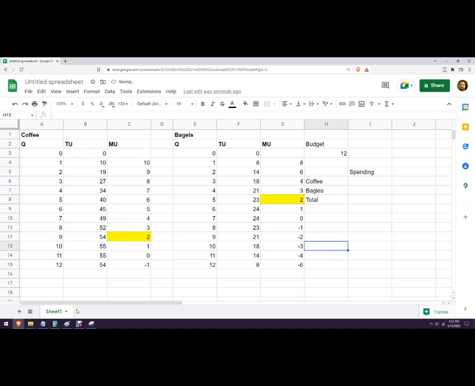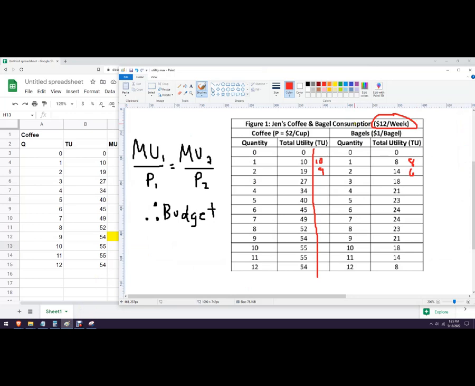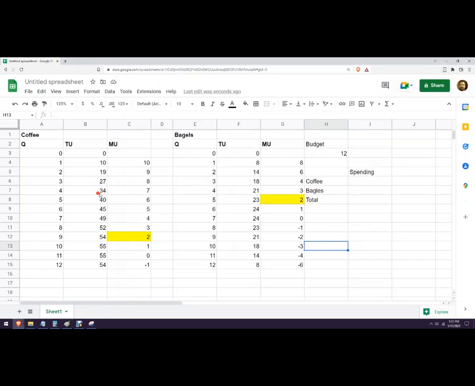I have forgotten what the price was. Price was 2. Bagels was 1. Okay, so let's do price equals 2. Price equals 1. Okay. So if I spent that, I'm writing a function here.